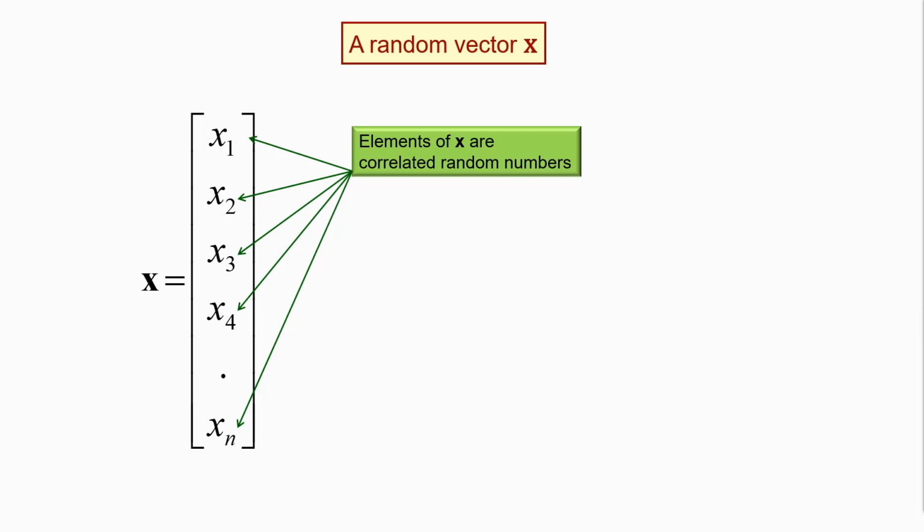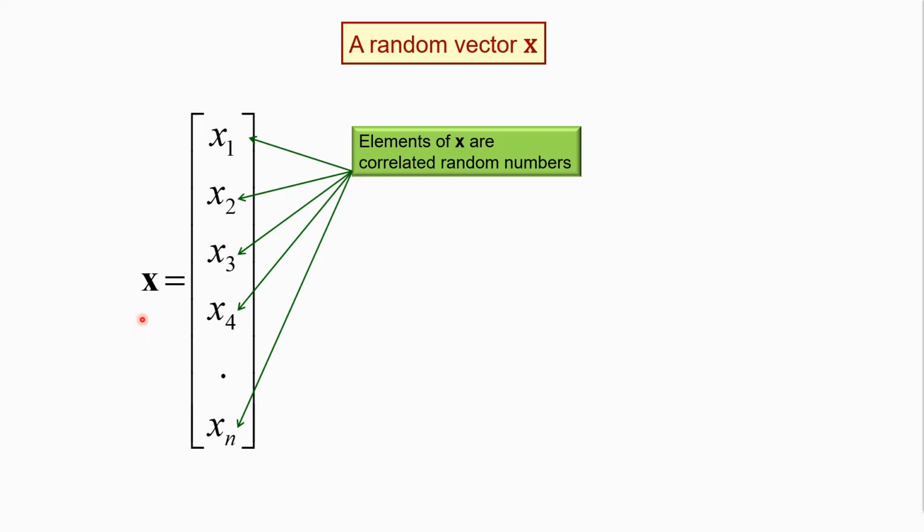Let us now extend what we've been talking about into n dimensions. Suppose I have a vector x with n elements. So we're working in n-dimensional vector space. Suppose that these n elements are random. Then x is a random vector.